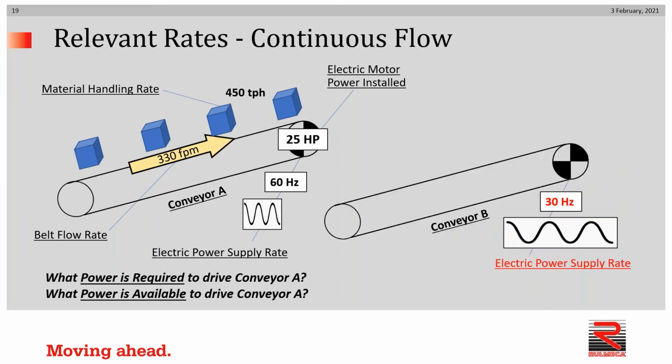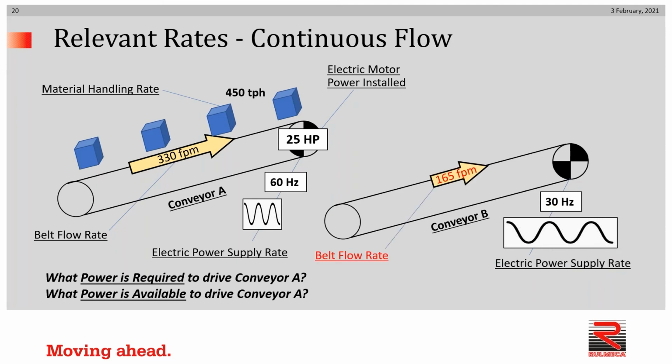If for some reason we want to decrease the speed, we know that the rate will remain constant. The material handling rate will stay at 450 tons per hour. Let's explore decreasing the frequency in the electrical power supply. For example, we'll set it at 30 hertz.